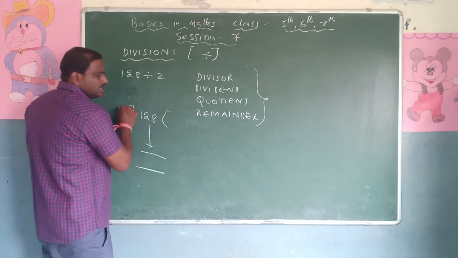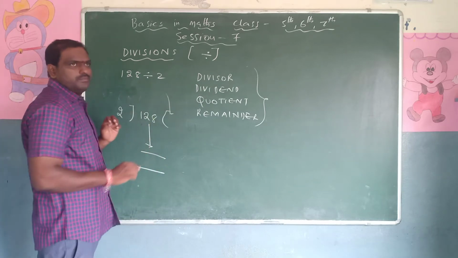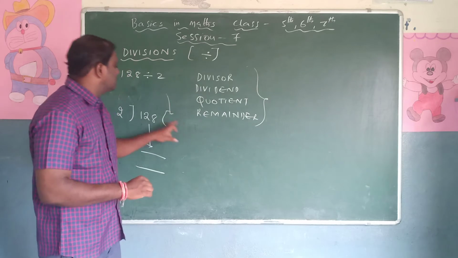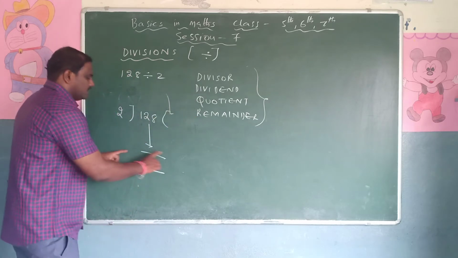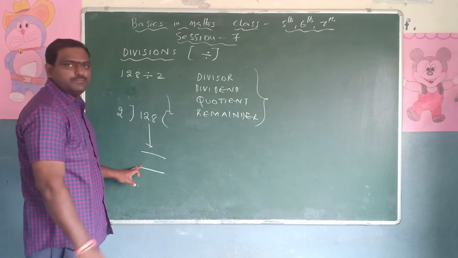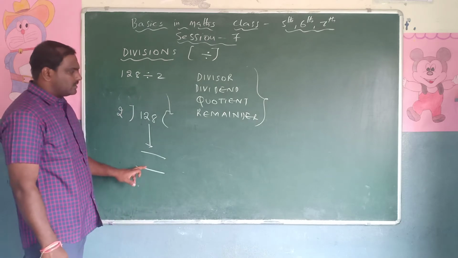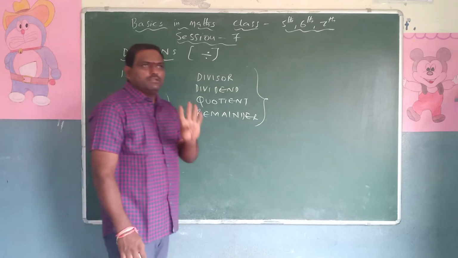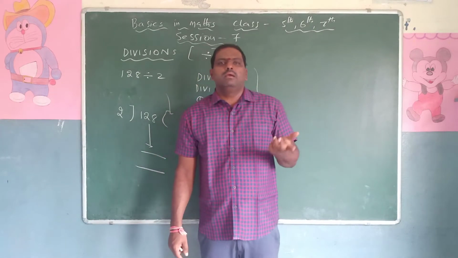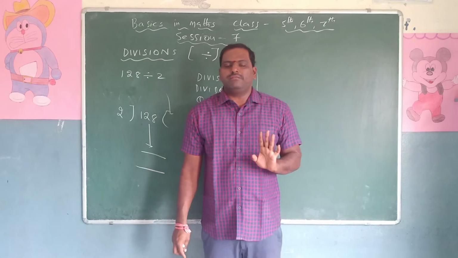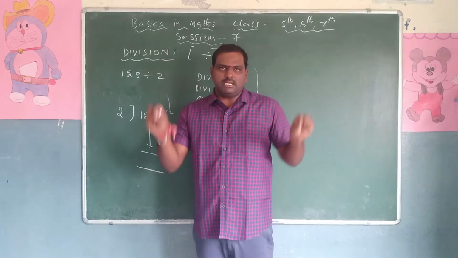And the quotient is the number of times the number is divisible. And the remainder is the result left after our division. These are the 4 definitions you have to think about, and you can tell your own definition also. No need to go for restricted lines.